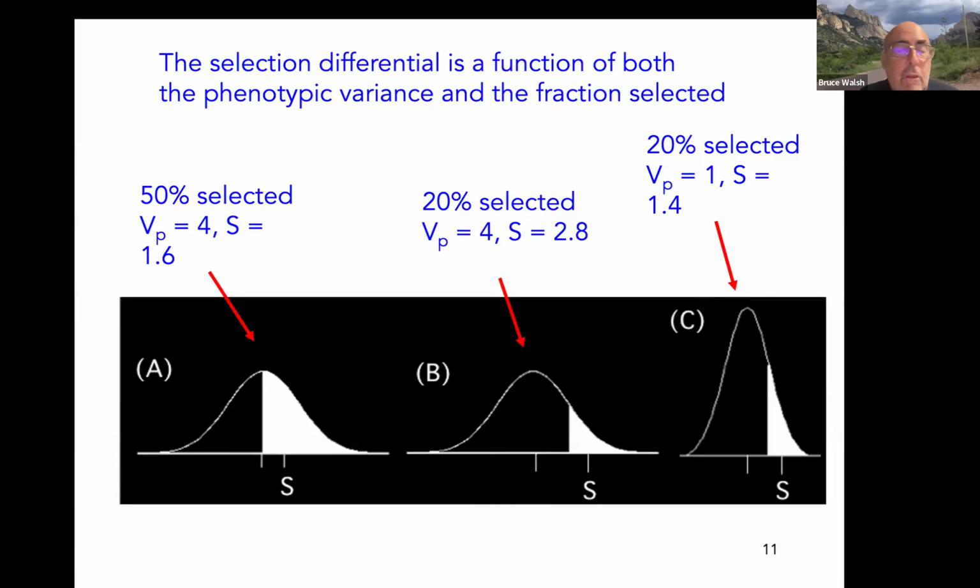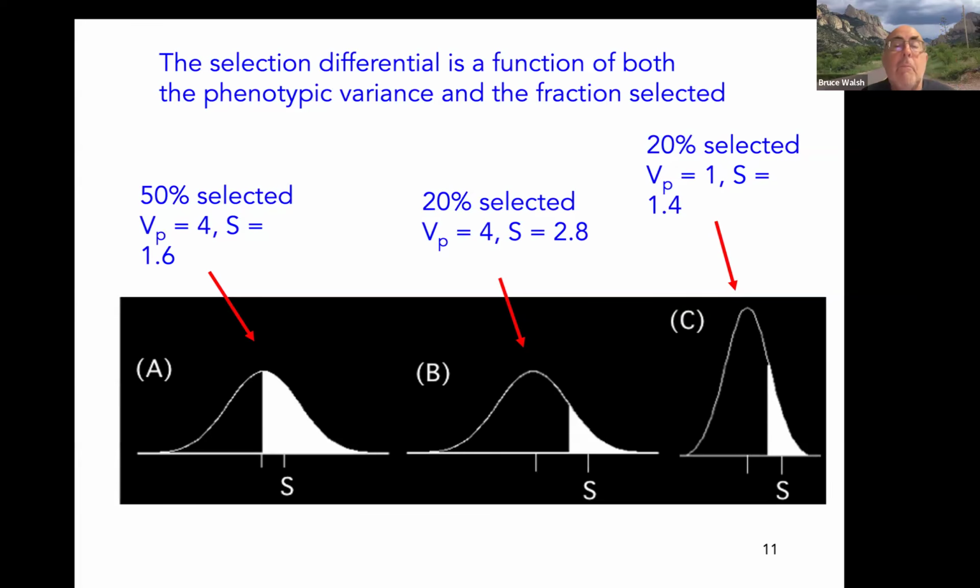So down below in the 3 panels, I've got 3 different scenarios and their associated S values. In panel A, my phenotypic variance is 4. I select the upper half, and the mean of that colored wedge to the right is 1.6. Panel number 2, the phenotypic variance is again 4.